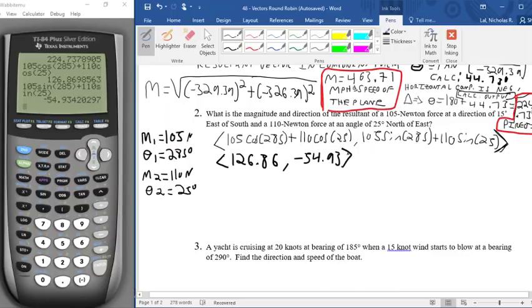And by the way, this puts us in quadrant 4. When the x is positive and y is negative, this puts us in quadrant 4.